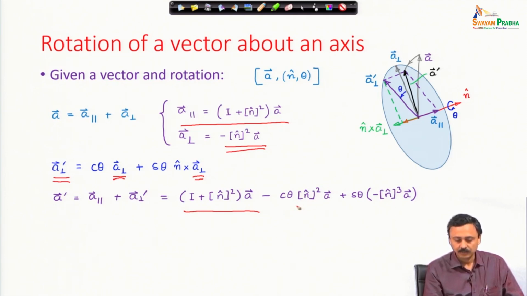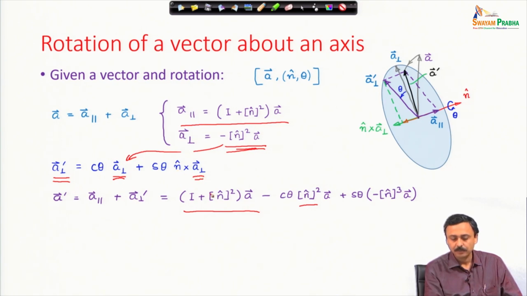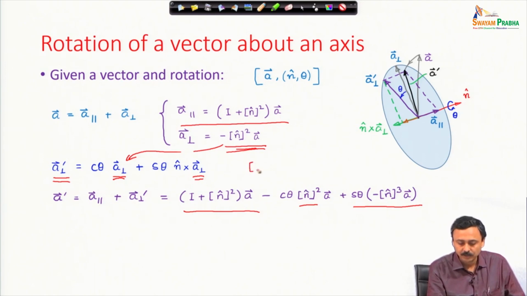So, here for example, you will get negative of n square times A, this thing when it goes here, and there is n cap cross A perpendicular vector. That turns out to be, because n cap remember is Rodrigues form of n, n cap times A perpendicular vector.